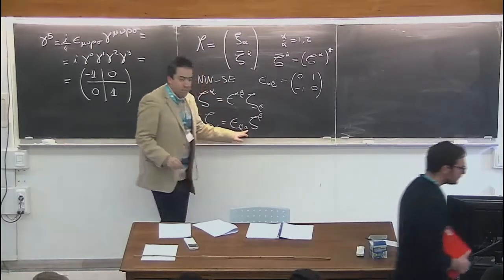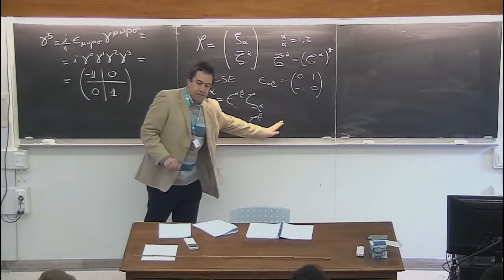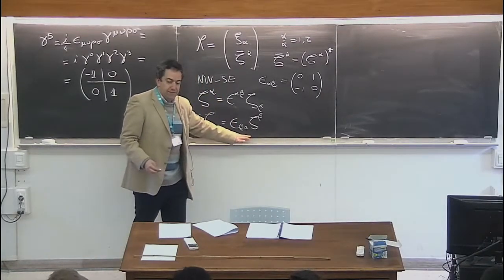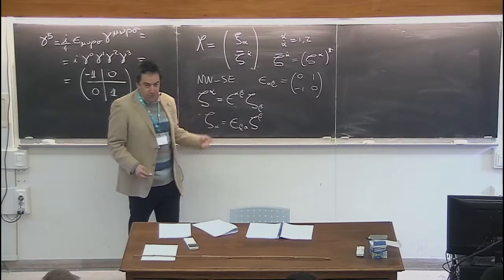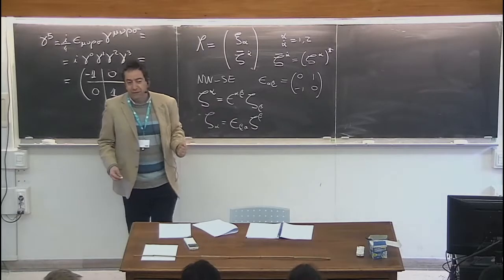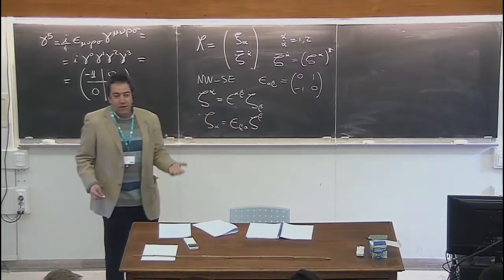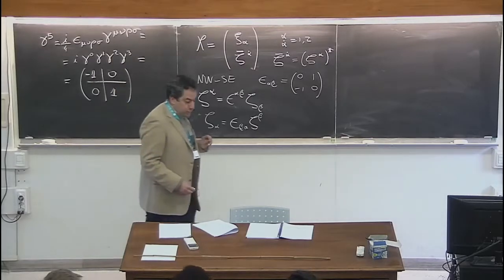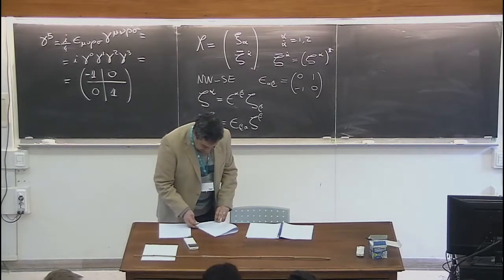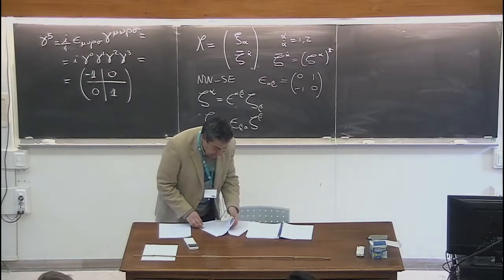When it is in the lower position, it is on the right, sorry. So southeast, northwest, southeast. This is just a convention for raising and lowering indices with the epsilon symbol. This is the convention we are going to use. So it's important to fix the conventions.